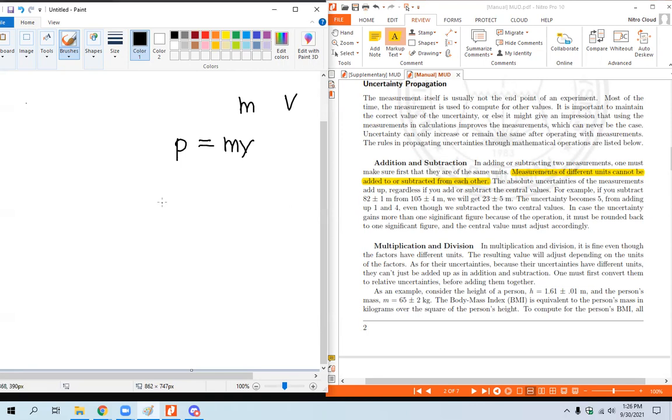So you cannot add, halimbawa, kilograms to seconds. That doesn't make sense. Anong magiging resulta nun? Wala. That's impossible. What you can add is the same thing lang: kilograms plus kilograms, meters plus meters, etc. So this also applies to uncertainties.